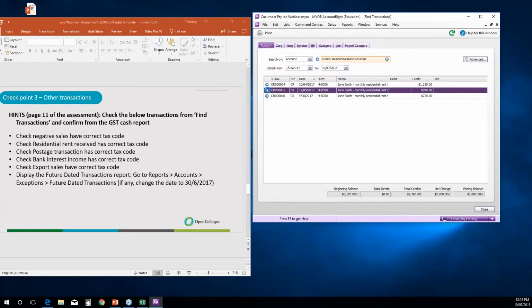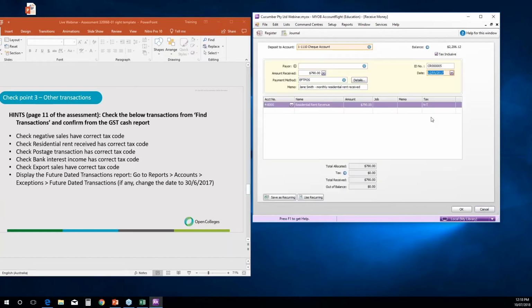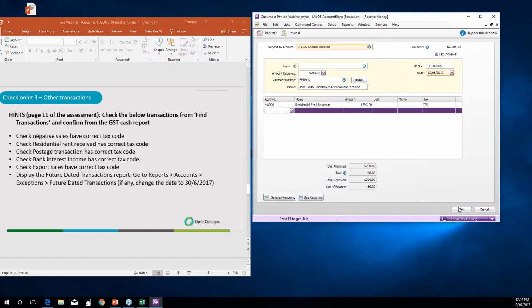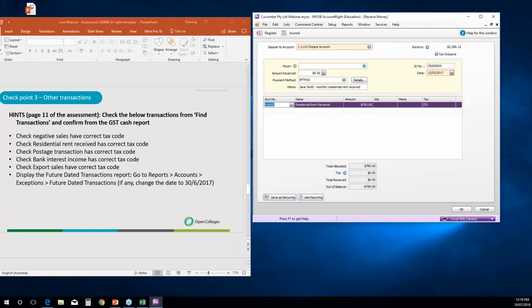ITS is the way to go. And this one, same, residential rent revenue, but it has NT. Oh, so we are going to change it to ITS, input taxed sales. Okay, right?